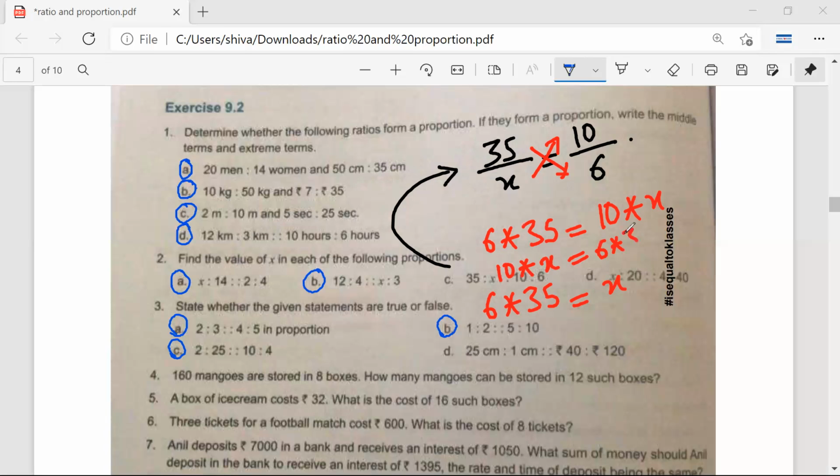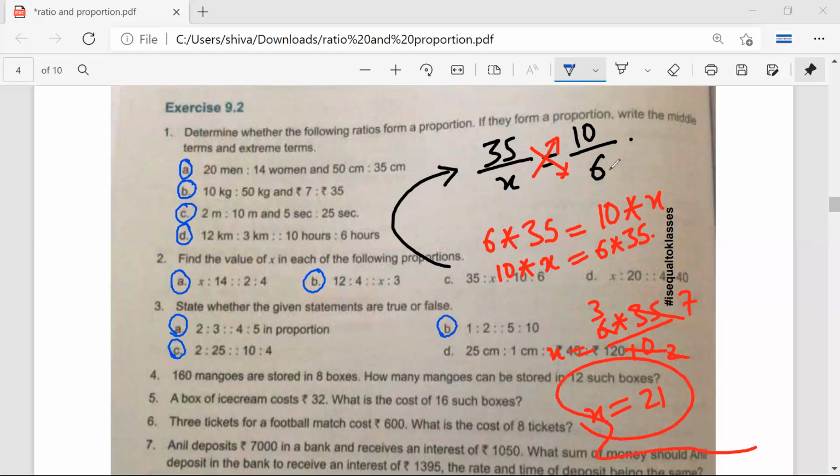So x is equal to 6 into 35 upon 10. The answer is 21. Shabash. So 5 2s are 10, 7 3s are 21. Any doubt?